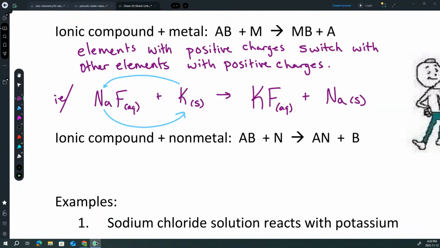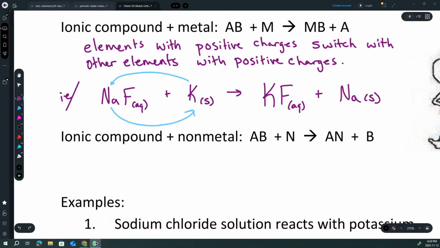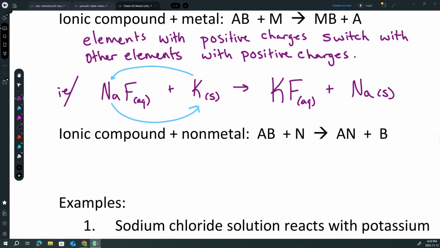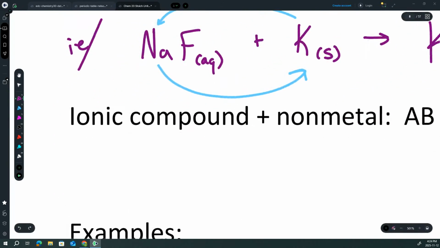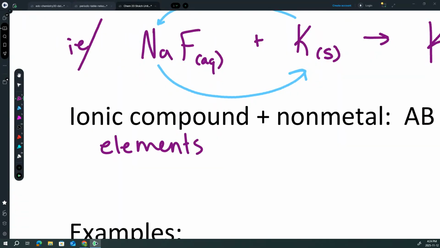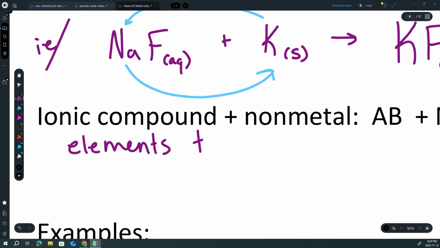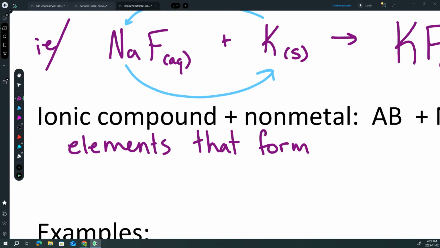Now let's say we have an ionic compound reacting with a nonmetal. Nonmetals typically like to form ions that have negative charges. So I'm going to keep this to negatives switch with negatives.